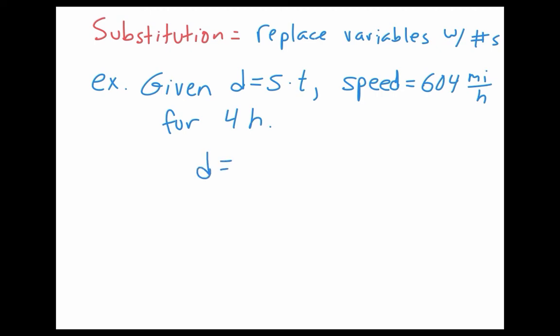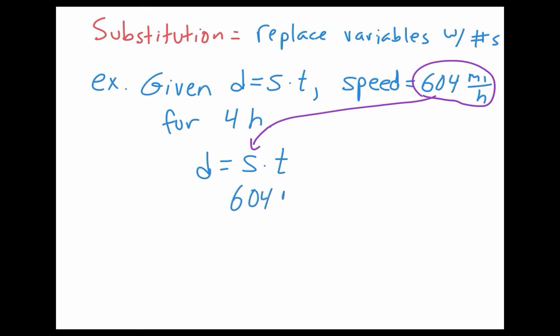I know some people really don't like showing their work, but it just makes the most sense if you do d equals s times t. Then we take that 604 and what do we do with it? Times 4. Yep. If you put it in here, we have 604 miles per hour, then our 4 hours is our time, so we do times 4. A lot of people saw right away, you just do 604 times 4.